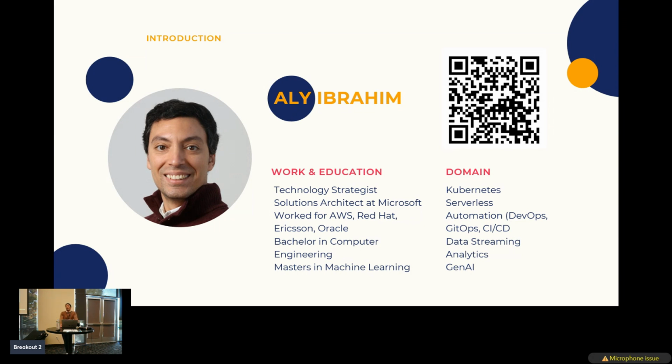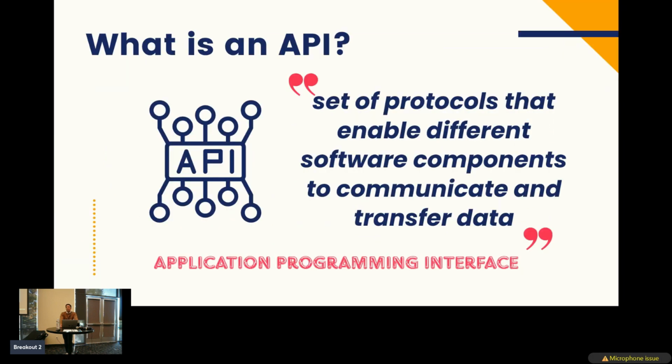Before we start, to level set, let's talk about what an API is first. APIs, as per the definition from IBM and maybe Postman, are a set of protocols that enable different software components to communicate and transfer data. A very fancy description that you probably didn't understand.